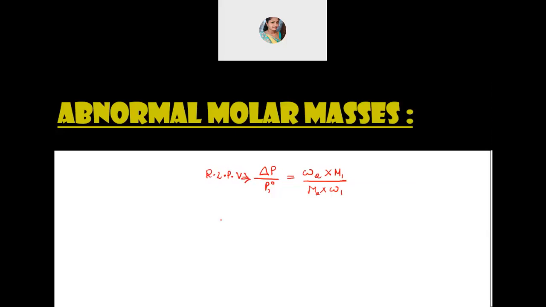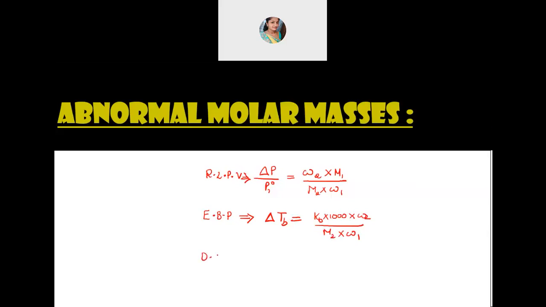Then next one we had was elevation in boiling point, I'll just write EBP. What was the formula? Delta TB is equal to KB into 1000 into W2 divided by M2 into W1.